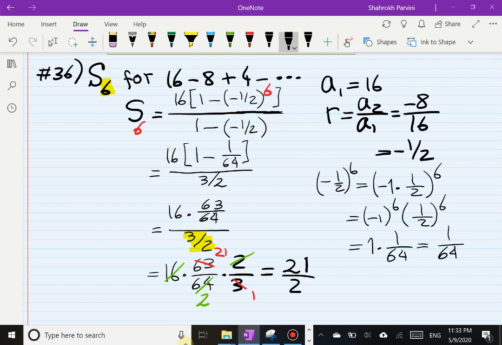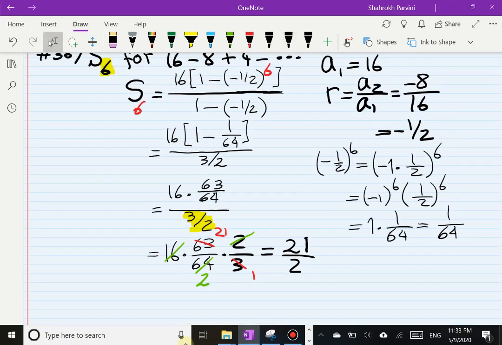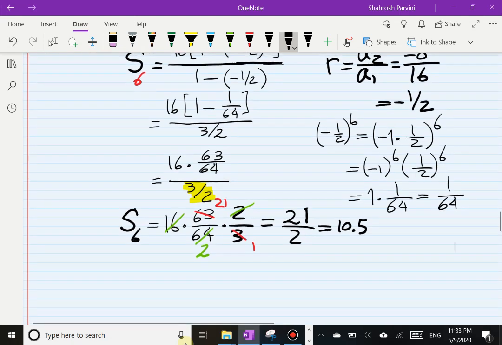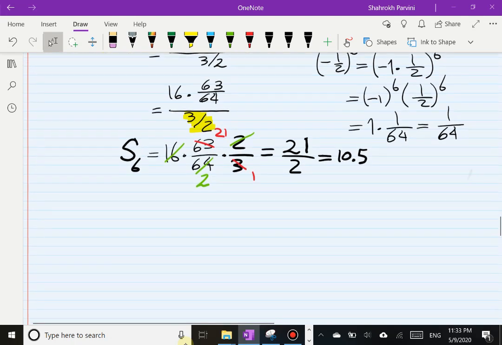So the answer is 21/2, and 21/2 is equal to 10.5. So if you add up the first 6 terms, that's the sum of the first 6 terms, the answer is going to be 10.5. That's what the nth partial sum formula is good for. Hopefully you followed this exercise. Let's take a look at number 40.